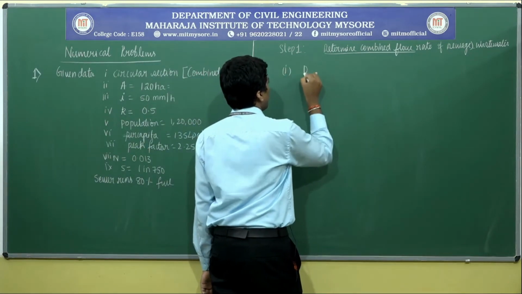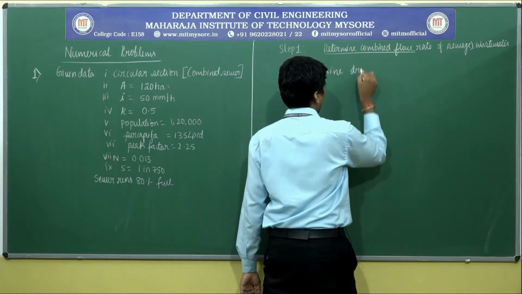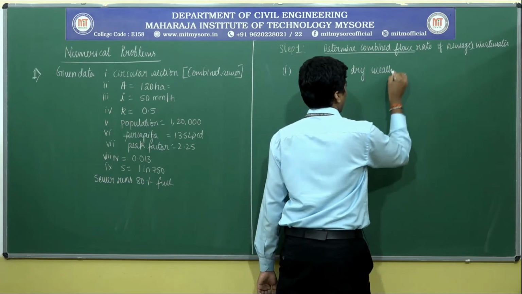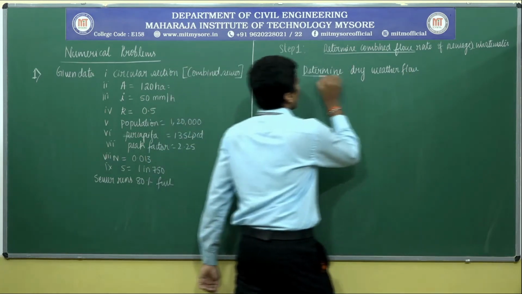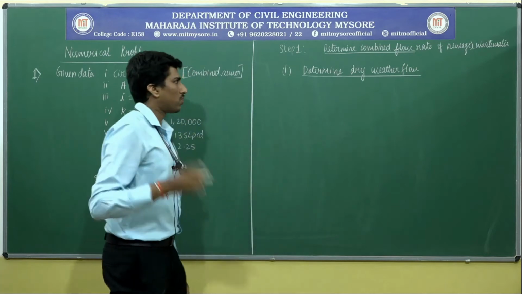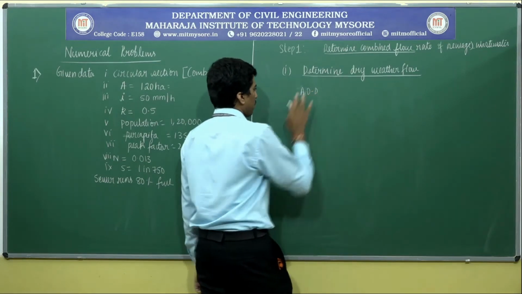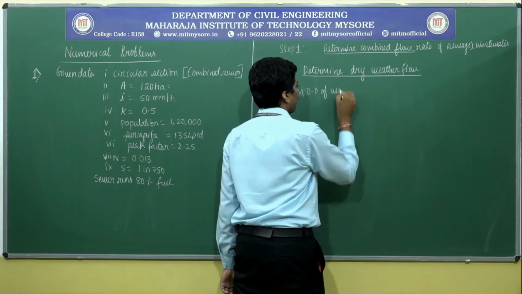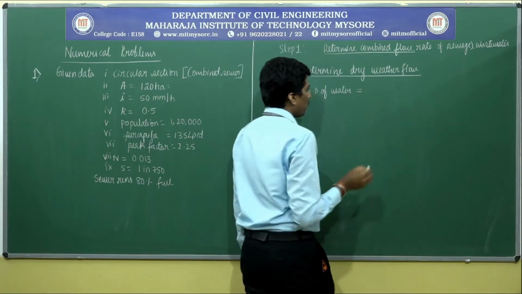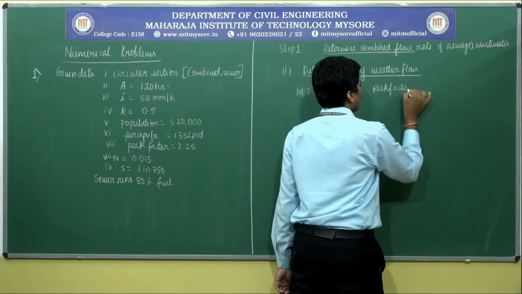First, determine the dry weather flow. For determining the dry weather flow in terms of wastewater, we know that the maximum daily demand of water is equal to peak factor into average daily demand.